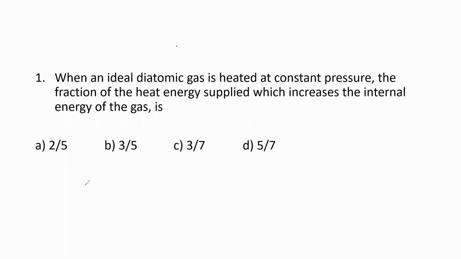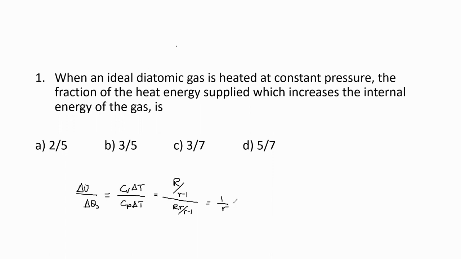See here, we have the equation, that is delta U divided by delta Q is equal to CV into delta T divided by Cp into delta T. Which can also be written as R divided by gamma minus 1, this whole divided by R gamma divided by gamma minus 1. So if we simplify this equation, R and gamma minus 1 will get cancelled.